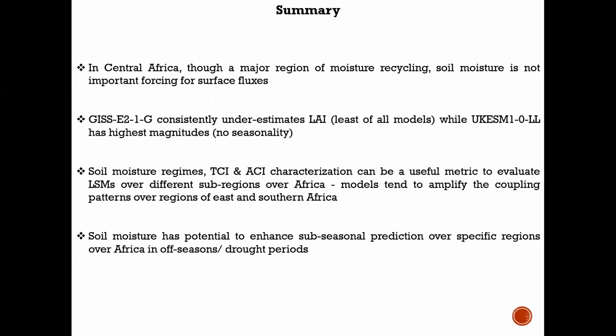And we note that the soil moisture regimes together with the TCI and ACI are useful for classifying how the models are able to capture the region-specific interactions of Africa. This could be a good metric to assess models.